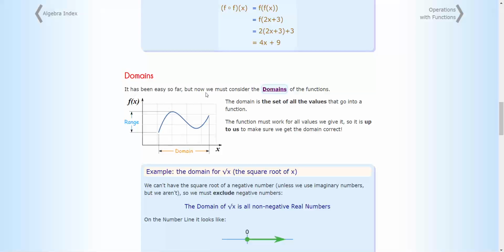It has been easy so far, but now we must consider the domains of the functions. We all know what the domain is and what the range is, and we also know that a codomain is the set of y values that could exist, but not necessarily the range. The range is whatever results from applying x to the function.